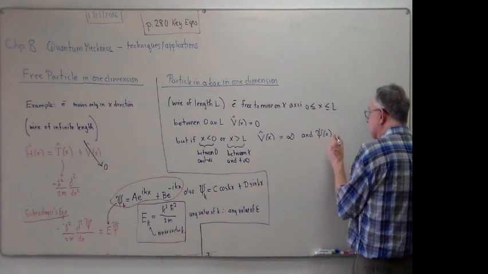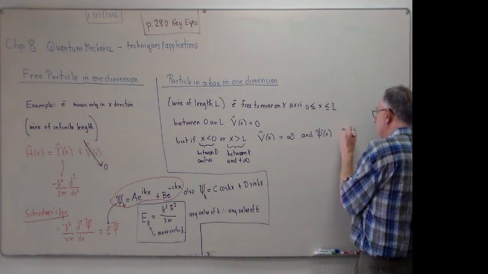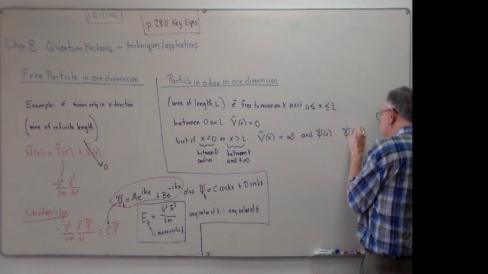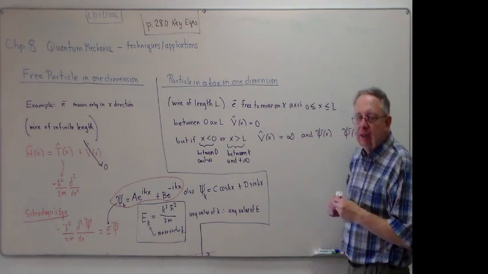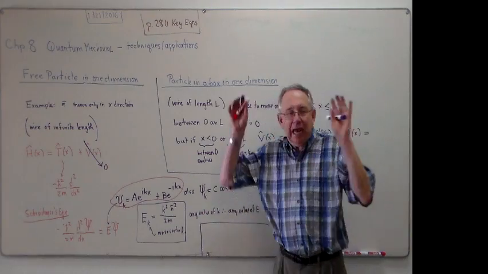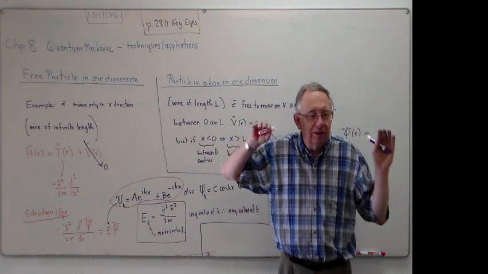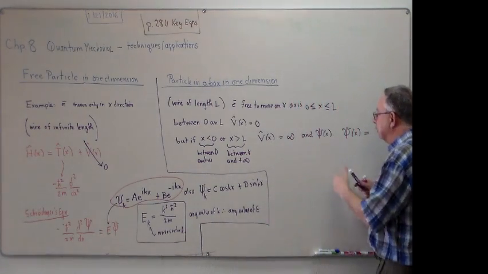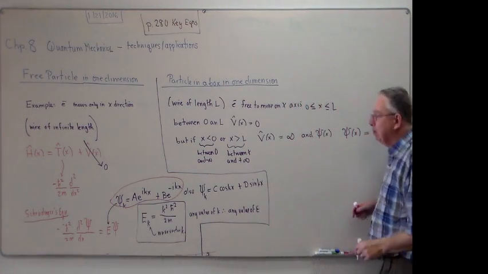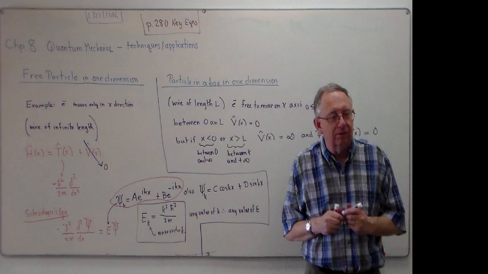What this means is, in this region, what is the wave function going to equal? If you can't get out of the well, is there any probability of you being out of the well? No. And wave function squared is a probability, so in this region the wave function has to go to 0.